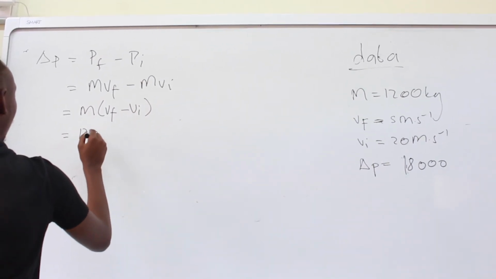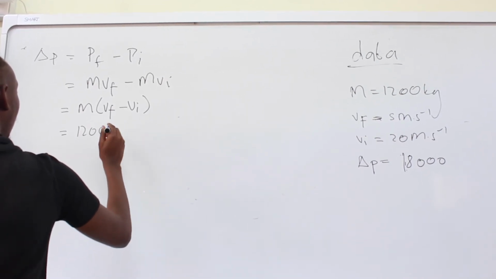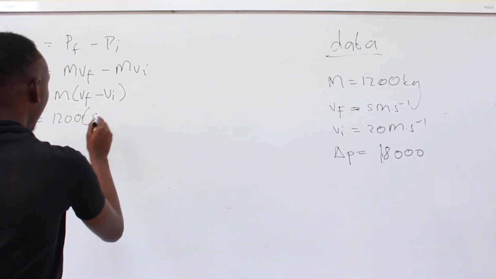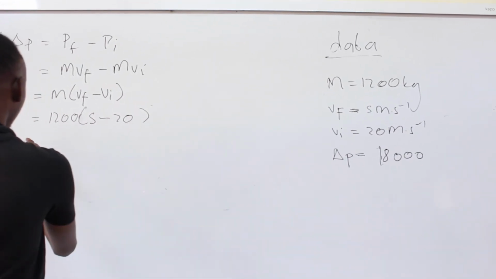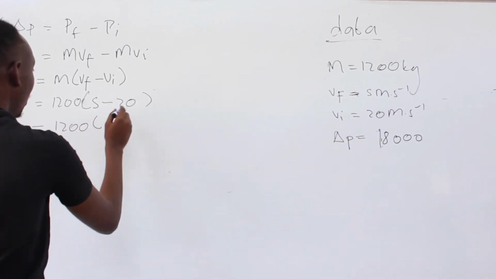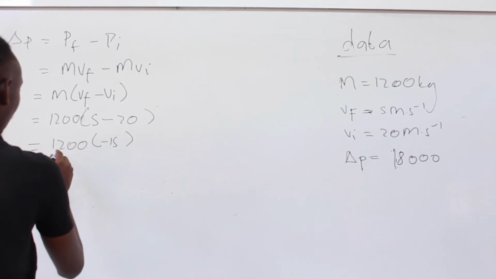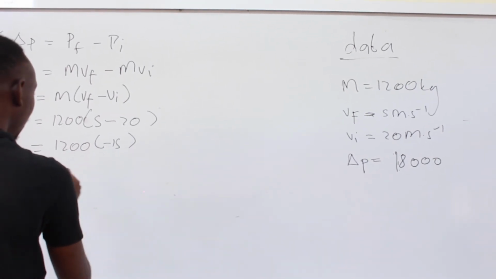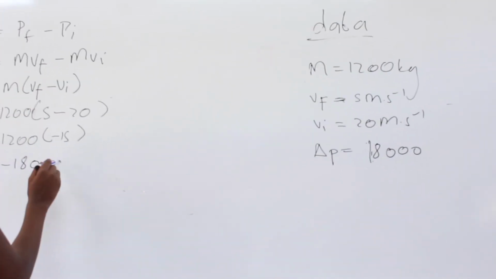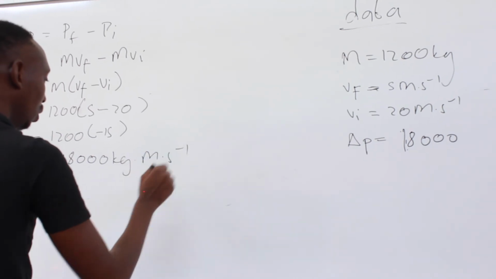Now I have 1,200 times the final velocity of 5 minus the initial velocity of 20. So this is 1,200 times 5 minus 20, which is negative 15. So I have 1,200 times negative 15, the same as negative 18,000 kilograms meters per second.